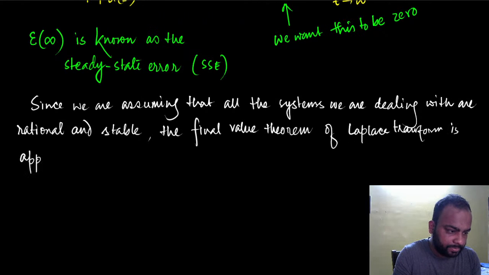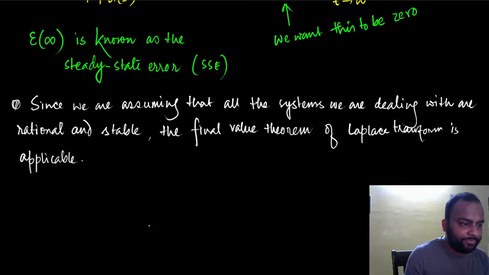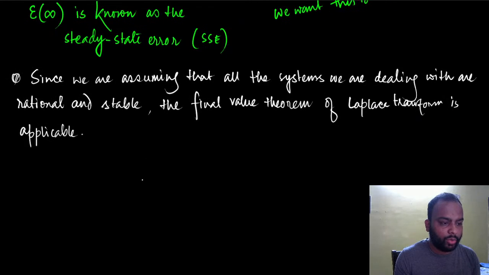See, this is an important point. Many teachers actually miss this point. The point is essentially that we cannot blindly apply any tool that we have, right? We do not apply tools blindly. We have to understand whether or not we can apply it.